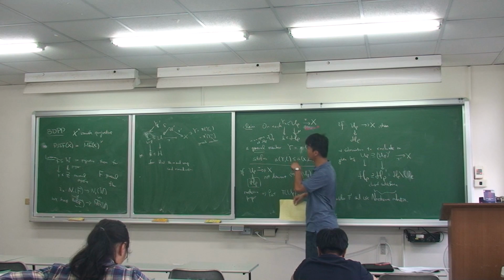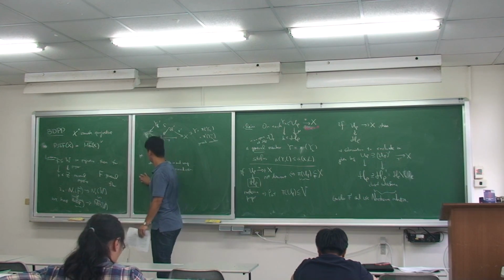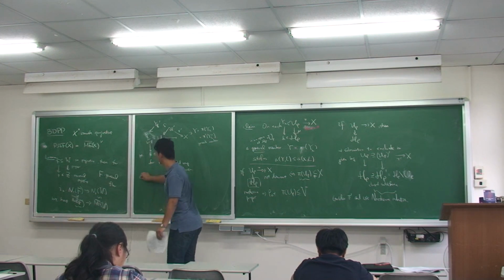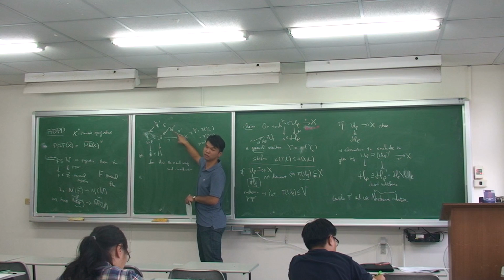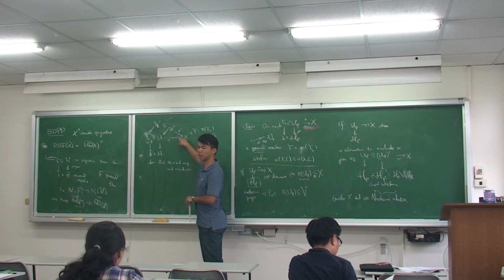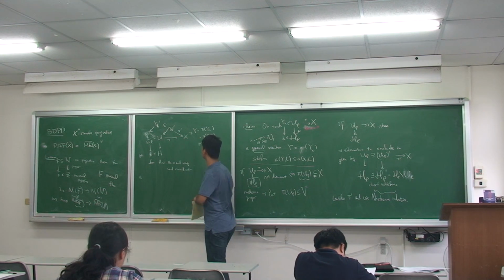So in this case, I want to compute the pseudo-effective threshold. In order to do that, I first of all cut down the dimensions so that this map is generically finite. I want to cut down U prime so that this map is between the same dimensions. So it's easy.